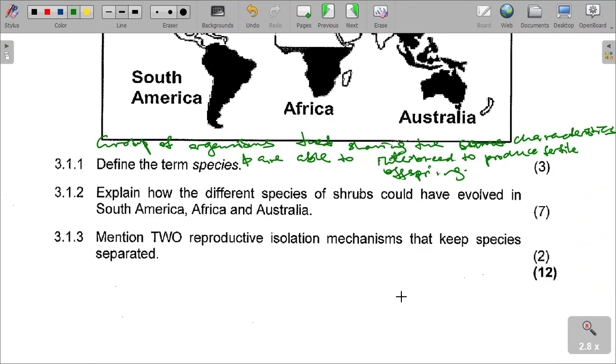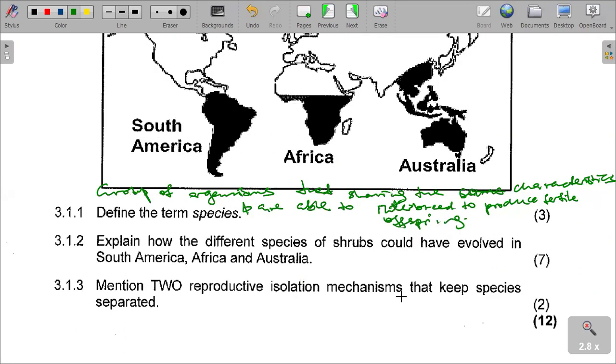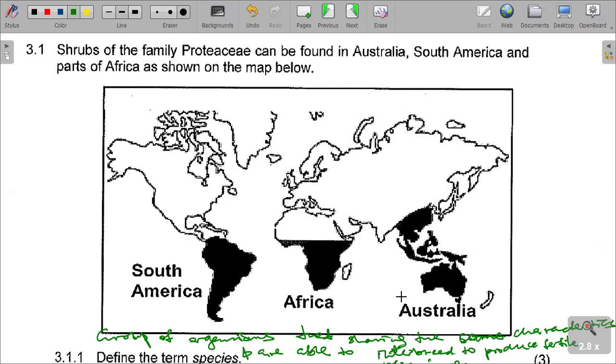Explain how the different species of the crabs could have evolved in South Africa, South America, and Australia. So in this question, you need to explain geographic isolation.